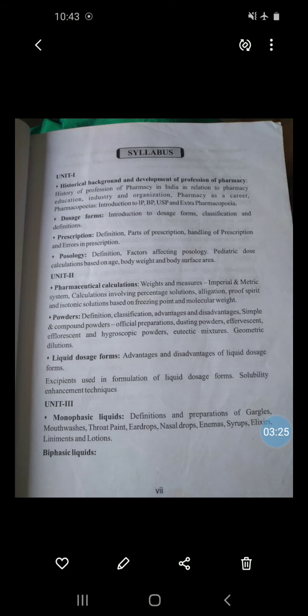Then formulation of syrup, then formulation of piperazine citrate elixir, then formulation of linctus, then formulation of solution, then formulation of calamine lotion, then formulation and evaluation of aluminum hydroxide gel, then formulation and evaluation of emulsion, then ORS powder, then dusting powder, then formulation and evaluation of suppositories, that is cocoa butter suppository and glycero-gelatin suppositories, and then in semi-solid that is sulfur ointment and non-staining iodine ointment.